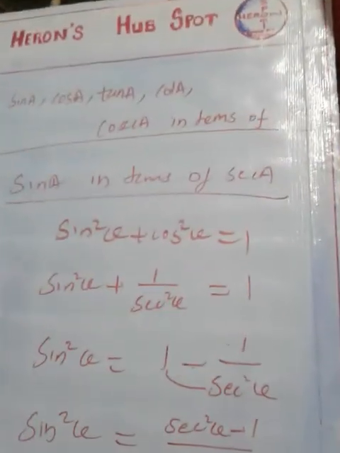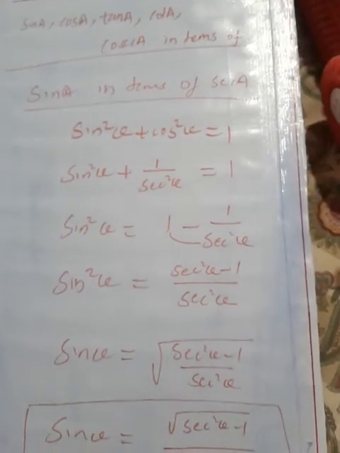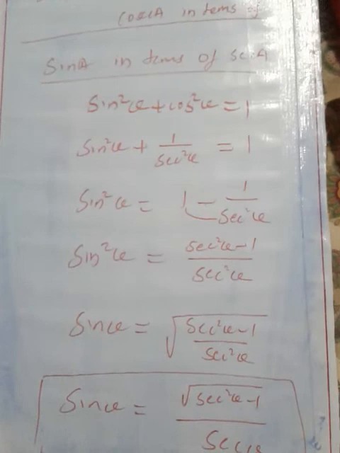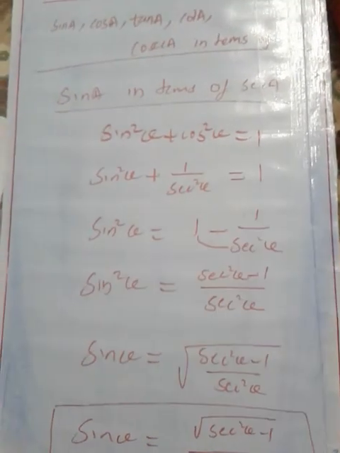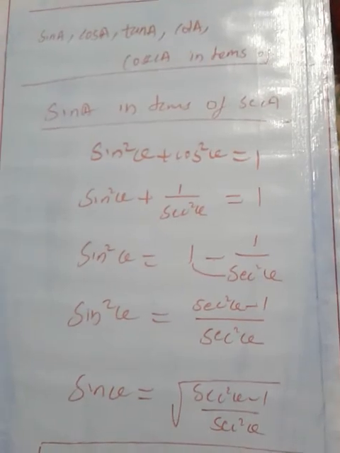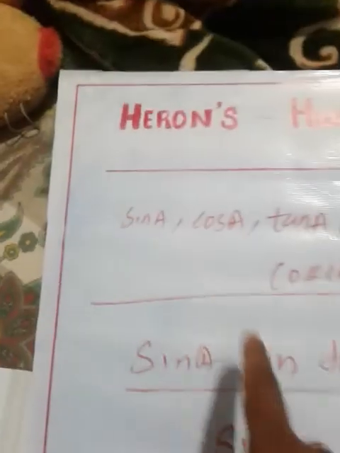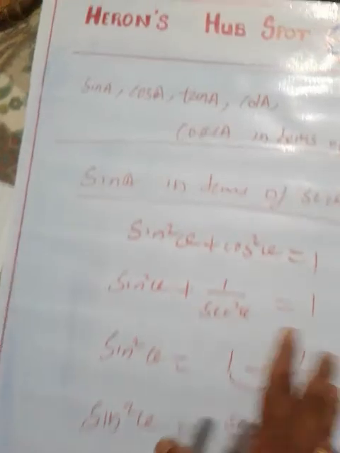You have to give maximum energy and just try yourself. And after doing that, you have to come back and check with the answer at the back. Okay, please do it. This is the only activity I'm giving you. So just after watching this video, you have to do this activity. That means you have to express sin A in terms of sec. I already expressed it for you. You can use these hints. This is just a hint how to express, and you have to express all the remaining ratios in terms of sec.